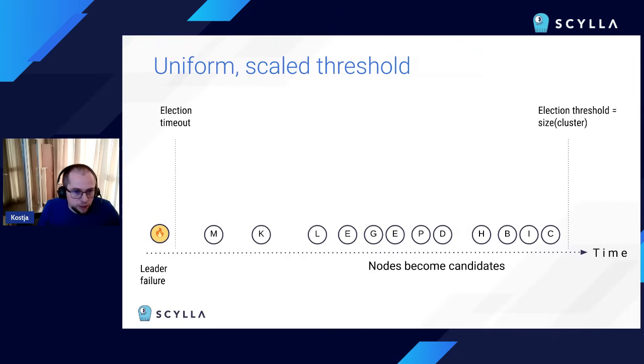So the solution that we in the end arrived at is that we chose our election threshold to be proportional to the size of the cluster. It was a great advantage. Our tests show that even very large clusters, like 10,000 node clusters, can quickly elect a leader and move on even in unstable networks.